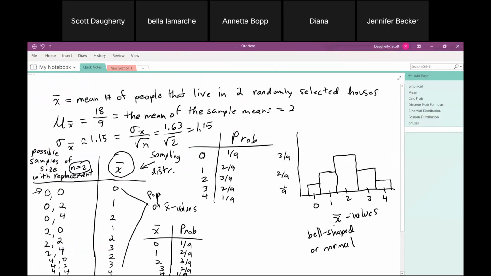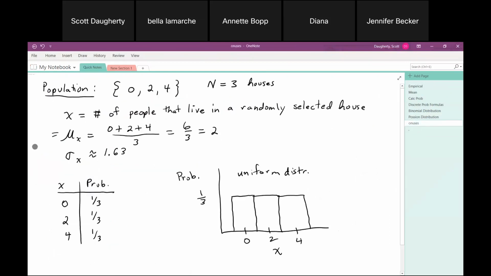Look at it. What was the average of these x bar values? We labeled it mu sub x bar. It was 18 out of 9, so it was 2. This turned out to be exactly the same as mu sub x. And they're calling that mu. They're not putting the x on it, so they're calling this mu instead of mu sub x.